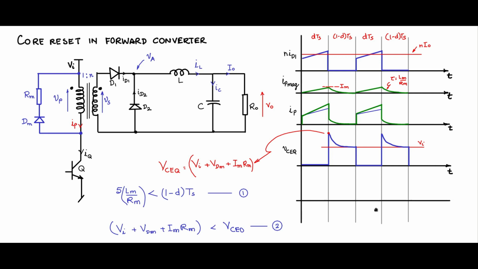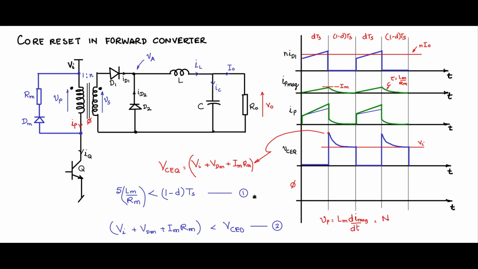So let me try to plot an estimate of the flux. See the flux in the core with the symbol phi, and let us try to plot that one. Now we know from Faraday's equation that Vp, the voltage across the primary, is equal to Lm, the magnetizing inductance, dIm by dt, or d magnetizing current by dt.